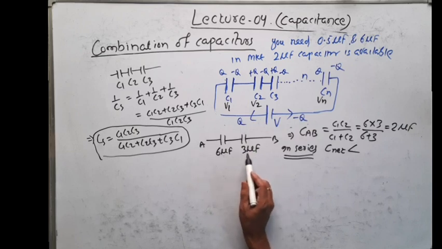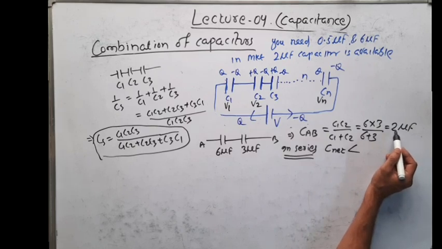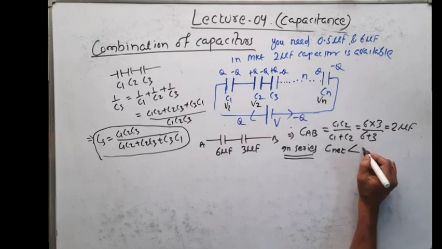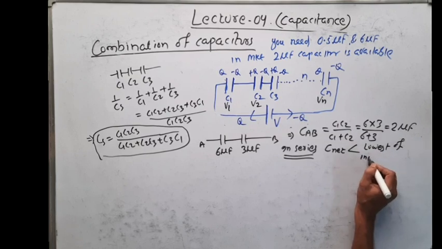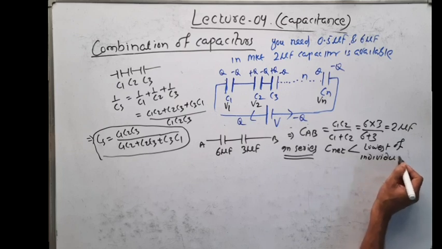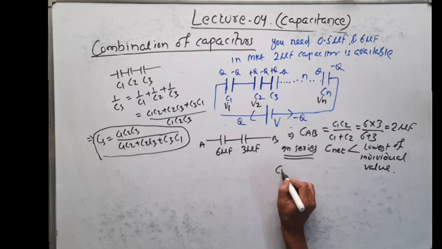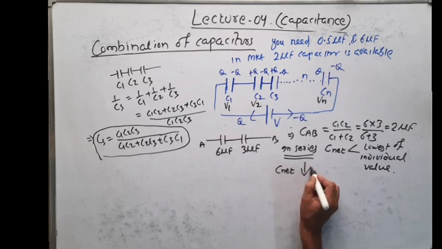Out of 6 and 3, which is the lowest? 3. But our equivalent is 2. So the net capacitance is less than the lowest individual value. That means in series connection, net capacitance decreases.